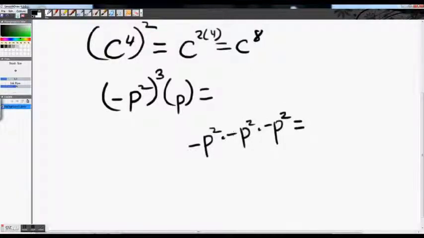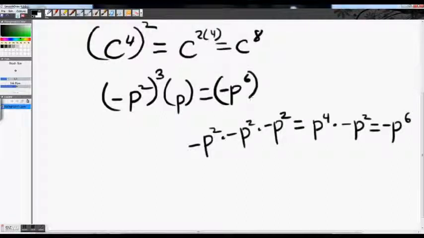Negative p squared times negative p squared, remember, we add the exponents. It would be p to the fourth. P to the fourth times negative p squared, again add exponents, negative p to the sixth. And then what we're left with is negative p to the sixth times p, which is simply negative p to the seventh.